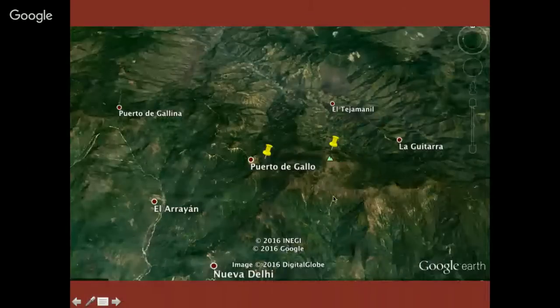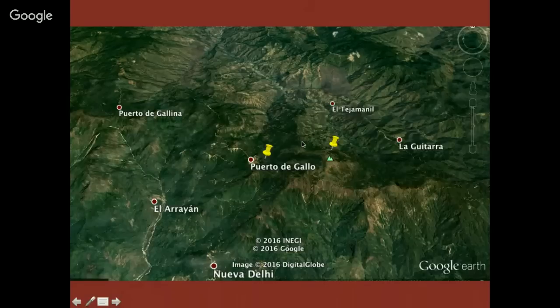This is Cerro Teotepec, a volcano in the Sierra Madre del Sur of Mexico. Acapulco is down here at the bottom of the screen. I believe that in 1988, I collected this record near Puerto del Gallo. This is Mount Teotepec, and this is another old record. So this is on the coastal slopes of the Sierra Madre del Sur.